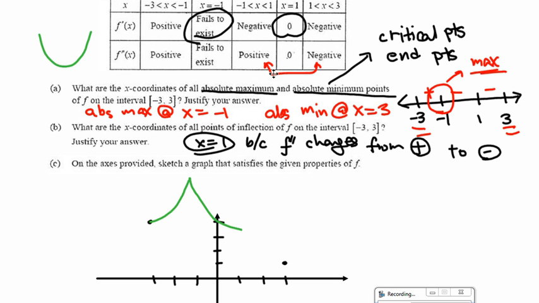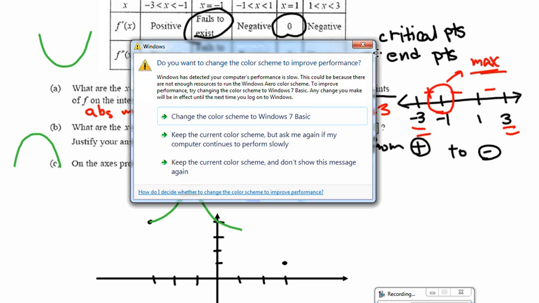Now, from 1 through 3, both of them are negative. That means we are looking at the second derivative being negative, like such as this way, while the first derivative is negative. That means it's going down. So this is the portion which we are looking at.